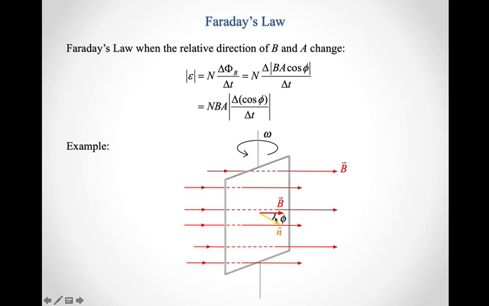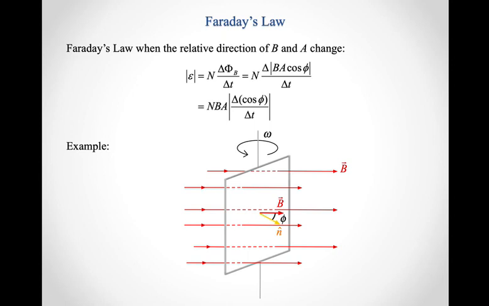So notice that it's phi that's changing in this case. That means B and A aren't changing, so I can pull them out. I've got N times B times A times the absolute value of how that cosine value is changing when I plug in two different angle amounts. I might know how long it takes to go from one angle of orientation to a second angle of orientation.